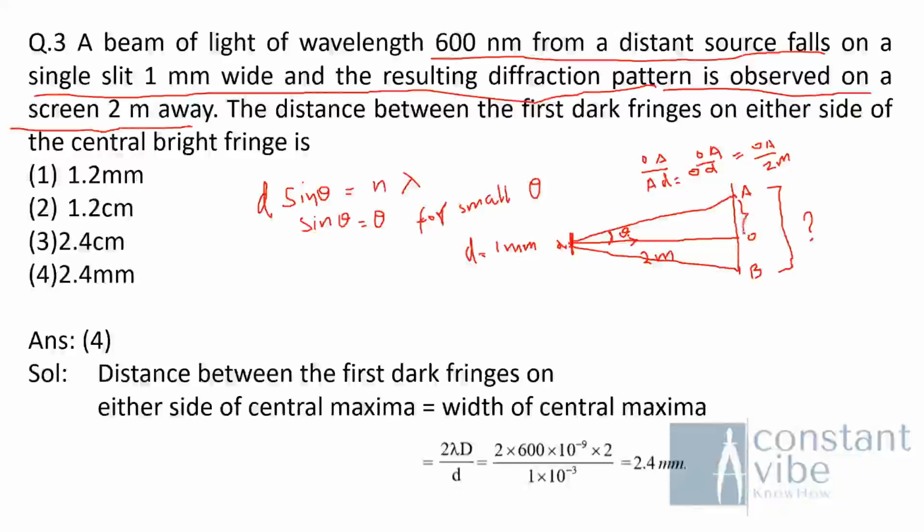Let us take OA as x. So it is x by 2 meters. That is sine theta.